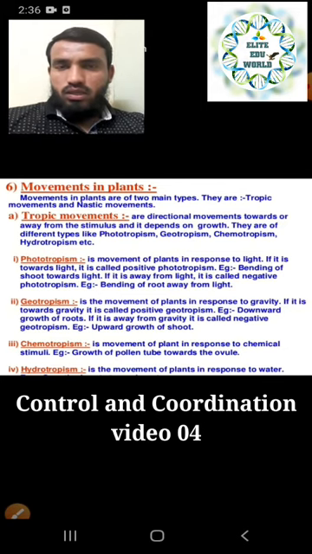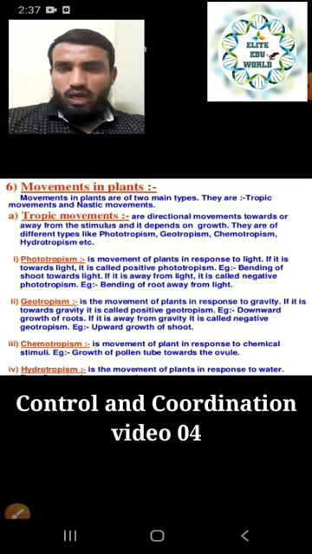After pollination, the pollen grain sticks to the stigma, and then the pollen moves towards the ovary or ovules. That movement of the pollen towards the ovule is chemotropism.